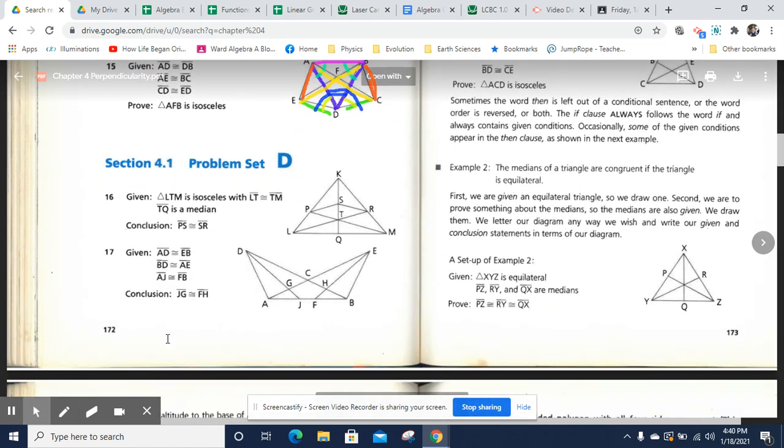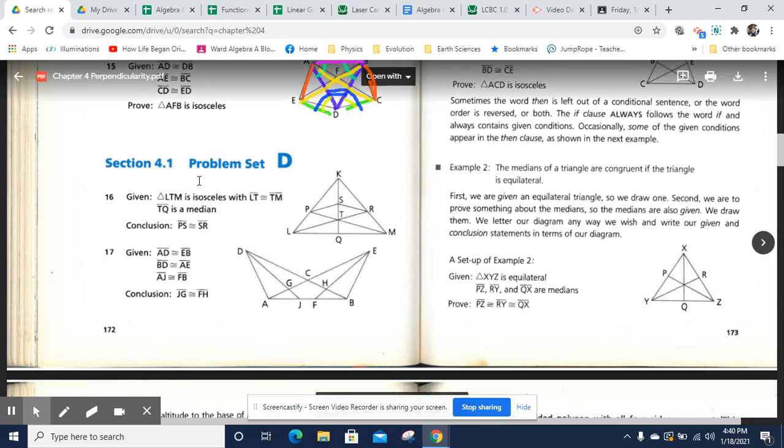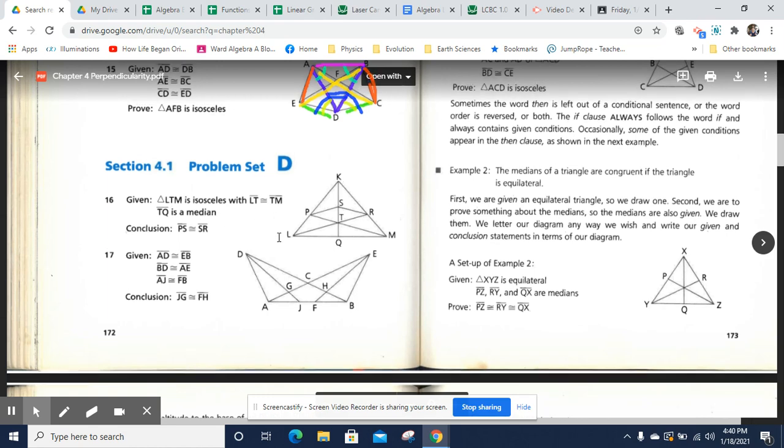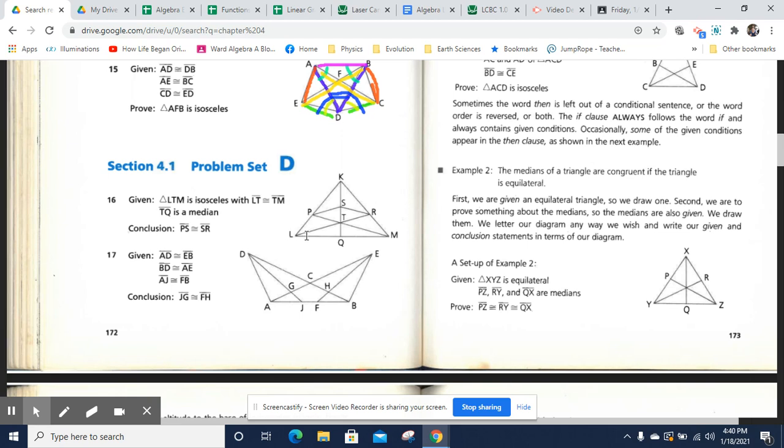Now, the last bit, you can bet problem set D is going to be super complicated, but let's take a quick look at this. So triangle LTM is isosceles with LT and TM being congruent. Okay, cool. We've proven that. We know that TQ is a median. Now, we want to prove that PS and SR are congruent.